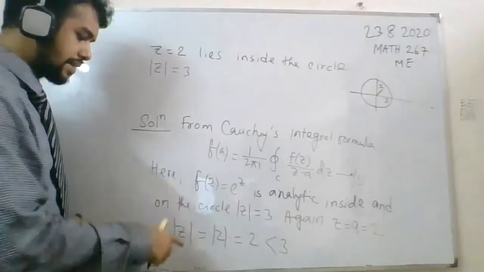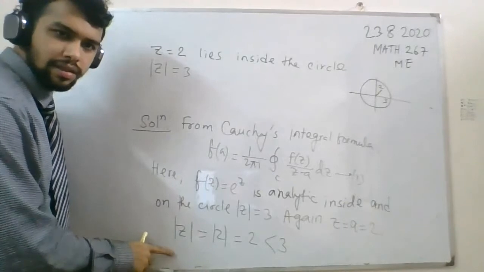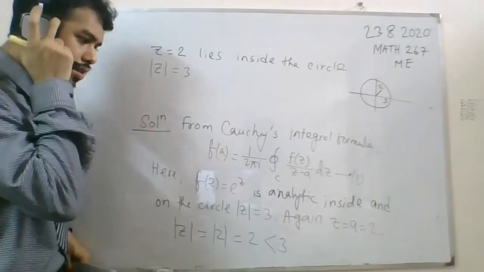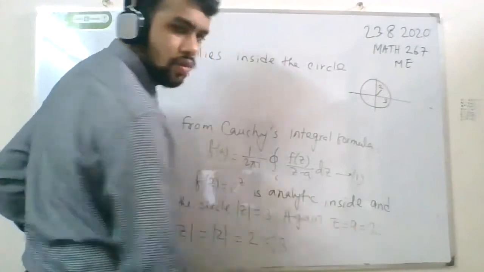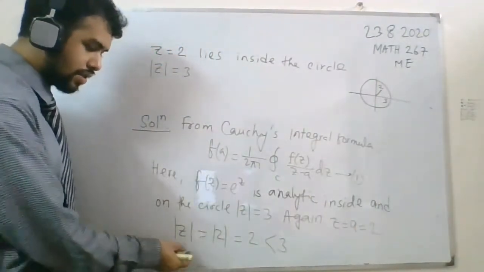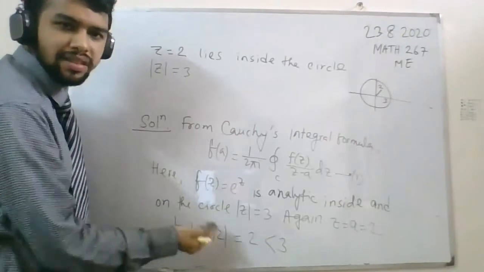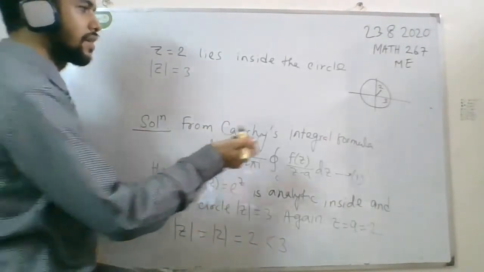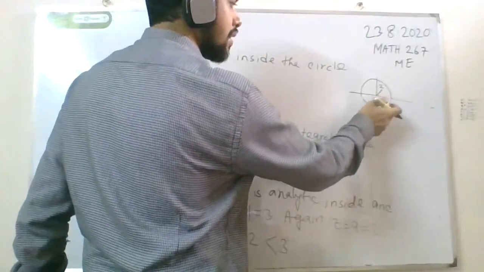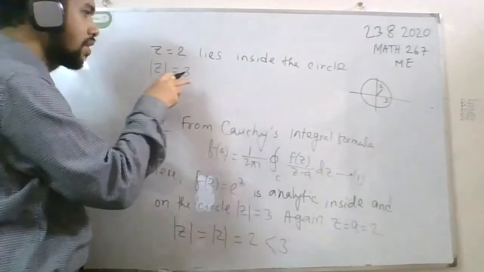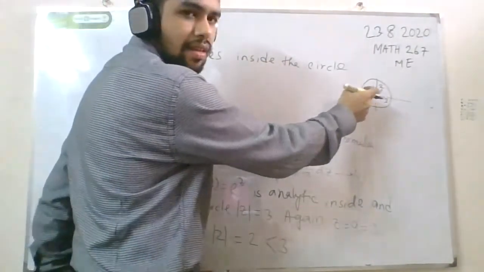So z equals, is it below or above? Sir, again here z equals a equals 2. Then you can also write |z| equals 2, which is less than our given circle, |z| equals 3. For this we have already satisfied the condition. So now you can already see that here the radius is 3 and the radius will be 2, and it lies inside the circle.